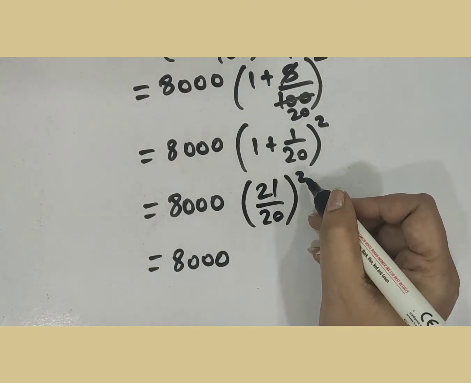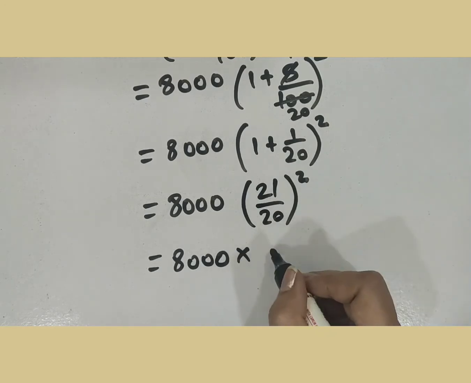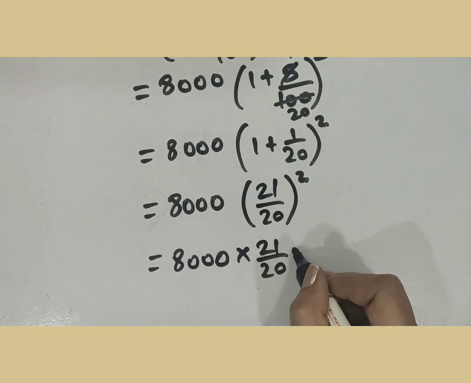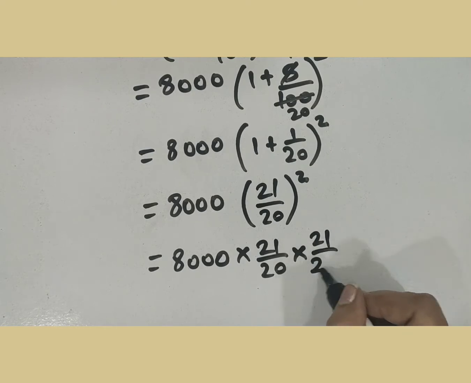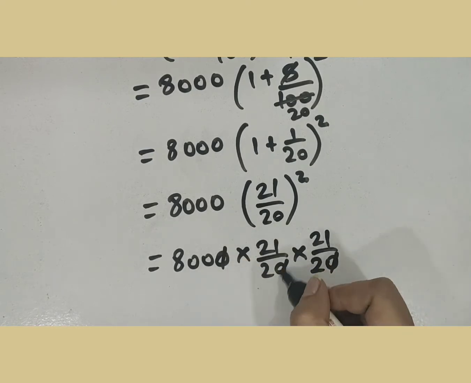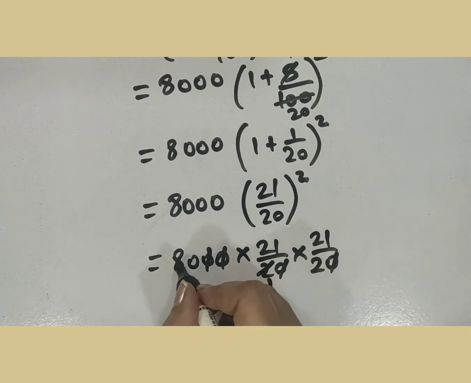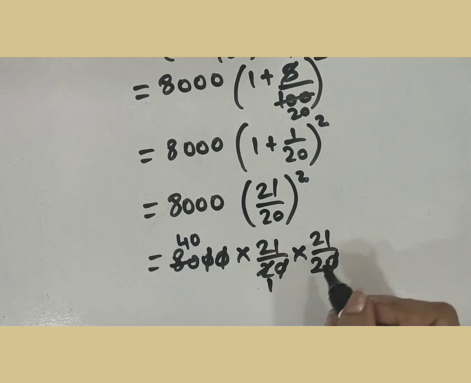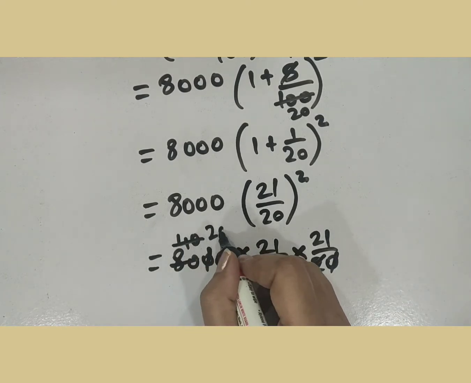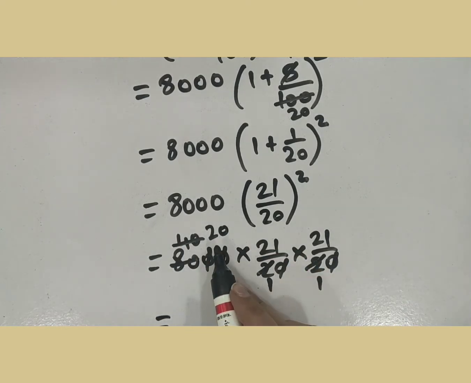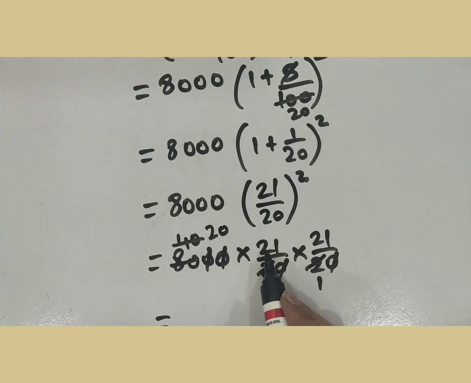So it will be equal to 8000. Now here it is raised to power 2, so I can write it 2 times: 21 upon 20 multiplied by 21 upon 20. 0, 0 will get cancelled. Then 2 and 80, it will be 2 ones are 2 and 2 fortieths are 80. Here if I cancel, I'll get 40. Again both will go by 2, so it is 2 ones are 2 and here it will be 20. Now if I multiply 20 into 21, I'll get rupees 8820.